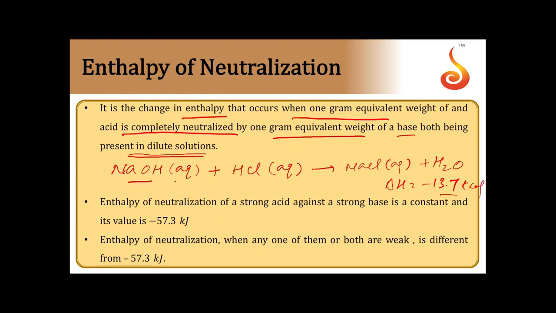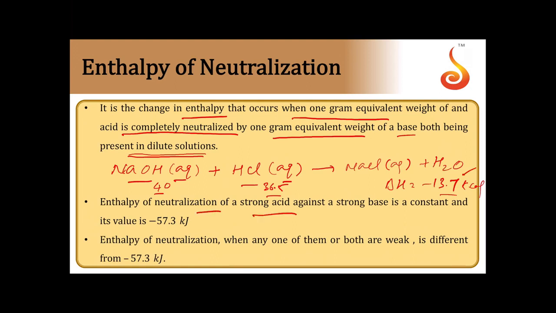We have taken dilute solutions in both cases, which means 40 grams of NaOH and 36.5 grams of HCl, that is, one equivalent of each. Under these conditions, whatever heat is given off is called the heat of neutralization.